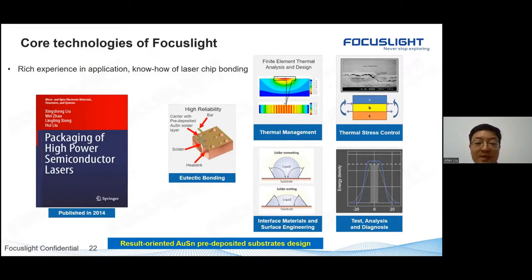And we have AuSn bonding, thermal management, thermal stress control, interface materials and thermal engineering. And we can test and analyze the results to guide our design and development of the substrate. Since 2014, we published a book on packaging of high power semiconductor lasers with Springer.